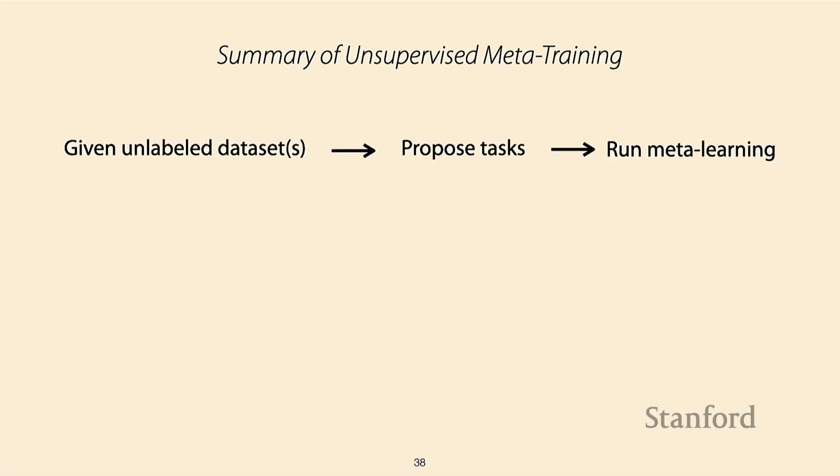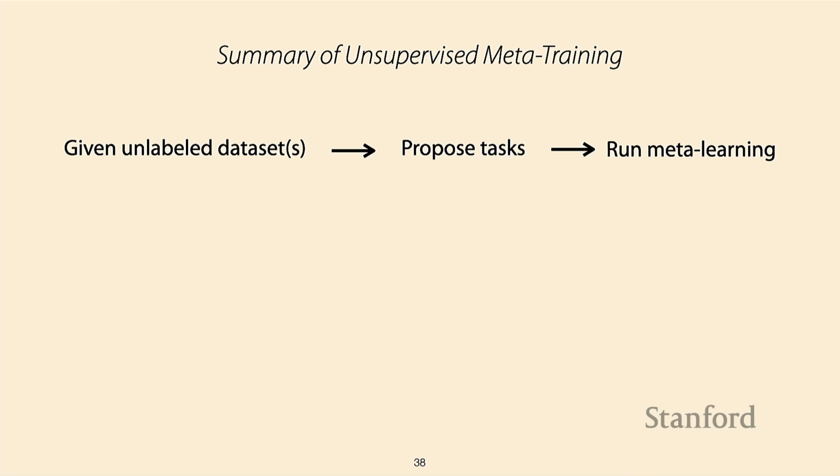Cool, so in the second part of this lecture, we talked about this form of unsupervised pre-training. It ends up looking a lot like the unsupervised pre-training that we talked about last week, where we saw masked language modeling, autoregressive language modeling, and generating tasks from augmentations. It has this recipe of: given an unlabeled data set, propose tasks with these different techniques, and then run meta-learning on it.